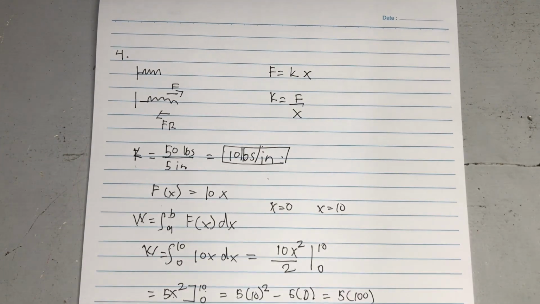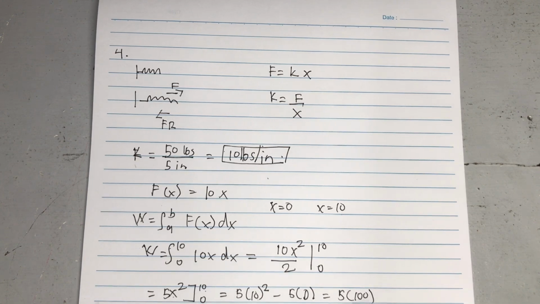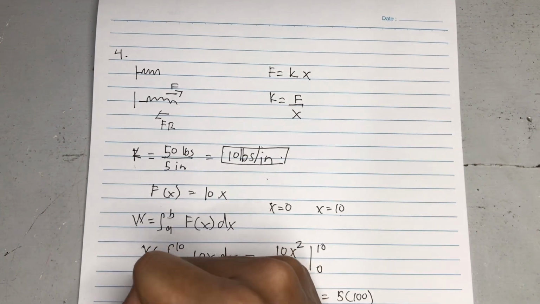Paano naging times 100? 10 times 10 is equals to 100, guys. 10 squared is equals to 100.